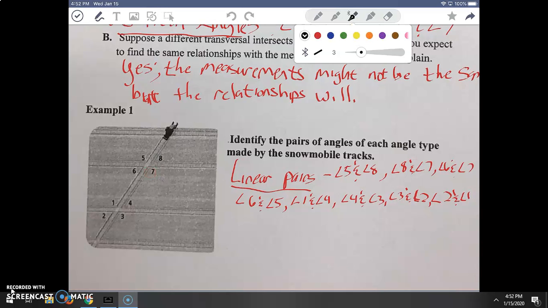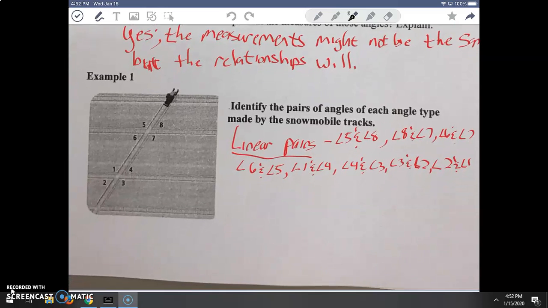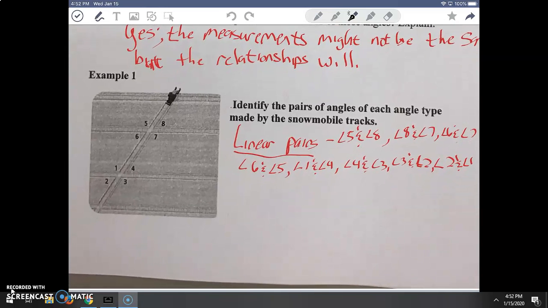So now we'll talk about another type of relationship that we have here, and this is called same side interior. Same side interiors are angles that are on the same side of the transversal, and they are also on the interior.